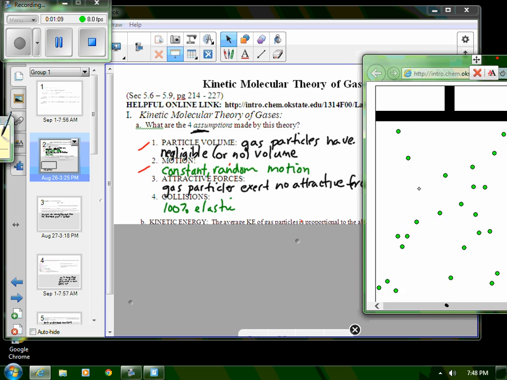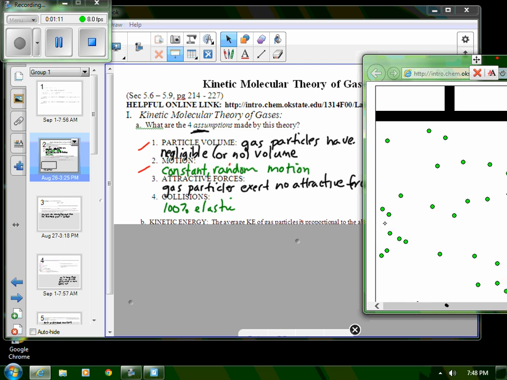We don't really care about the fact that the gas particles themselves actually take up volume. We just assume they don't take up any volume. So when we say the volume's 1 liter, we assume that that's empty space. The gas particles are so small, their volume is so small compared to all the empty space in the size of the container, that we assume the gas particles themselves have no volume. Okay, so I hope that makes sense.